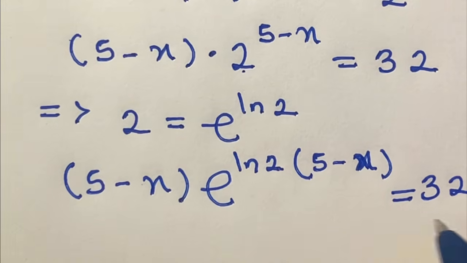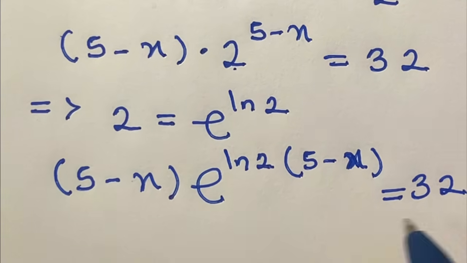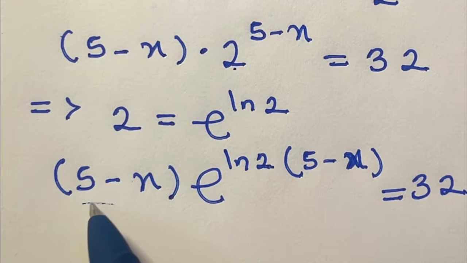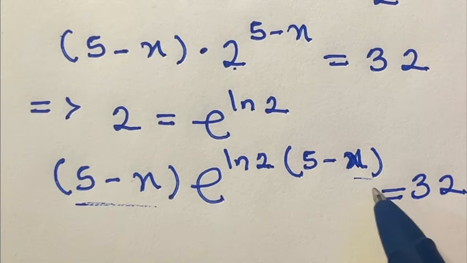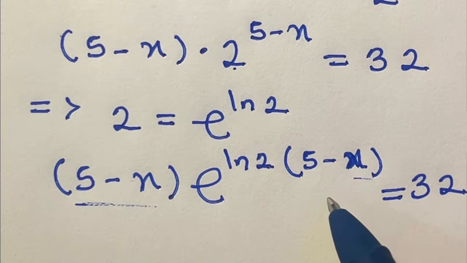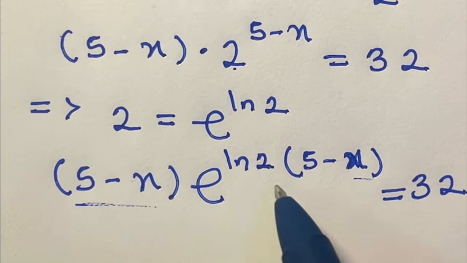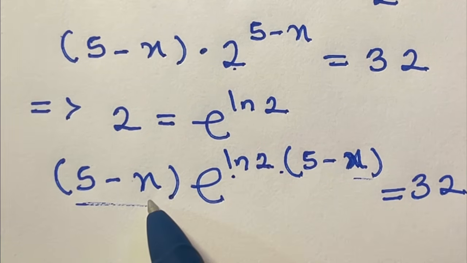You observe that the base and the power are not yet the same. We still need to multiply both sides by ln 2, because this has ln 2 but this does not have ln 2.